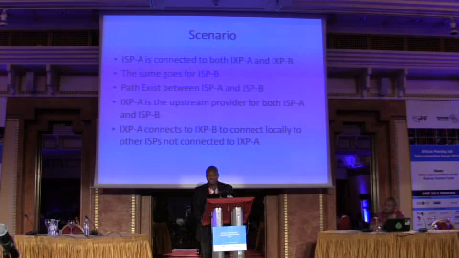Like I just explained earlier, ISPA is connected to both IXPA and IXPB. The same goes for ISPB. There's a path that exists between ISPA and ISPB. IXPA connects to so many nomenclature. I hope you go through it when you download the slides.